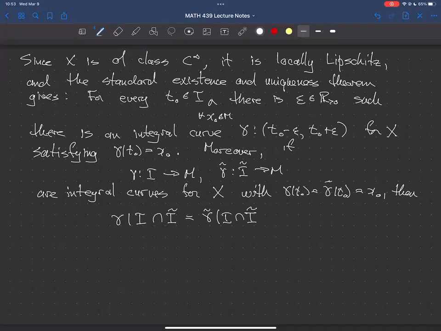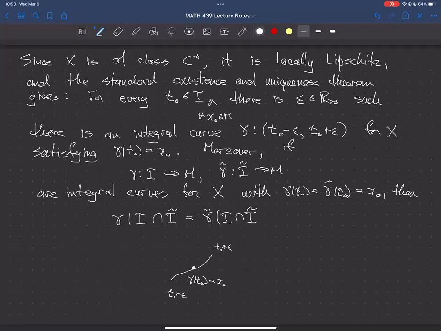Let me not draw the manifolds and just draw my curves. What I know is that at a time t naught, I have gamma of t naught equals x naught. And I know that there's some little fragment of an integral curve from t naught minus epsilon to t naught plus epsilon that I can define that goes through that point.